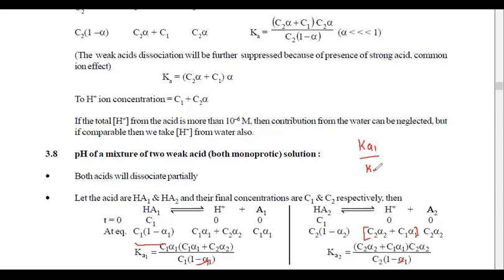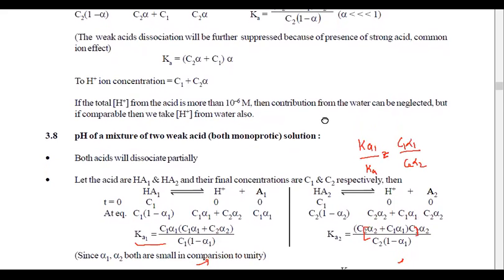Ka1 by Ka2 is equal to C1 alpha 1 by C2 alpha 2. Agree, everyone? We used to take ratios. I'm just using the concept of chemical equilibrium, nothing else.